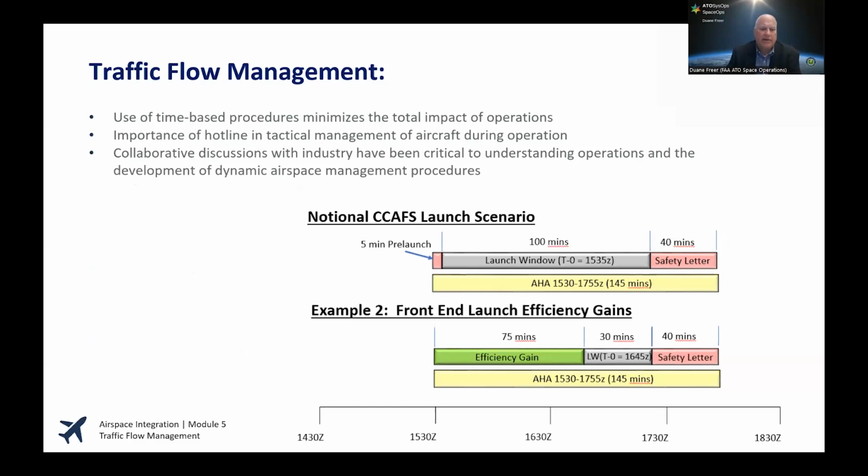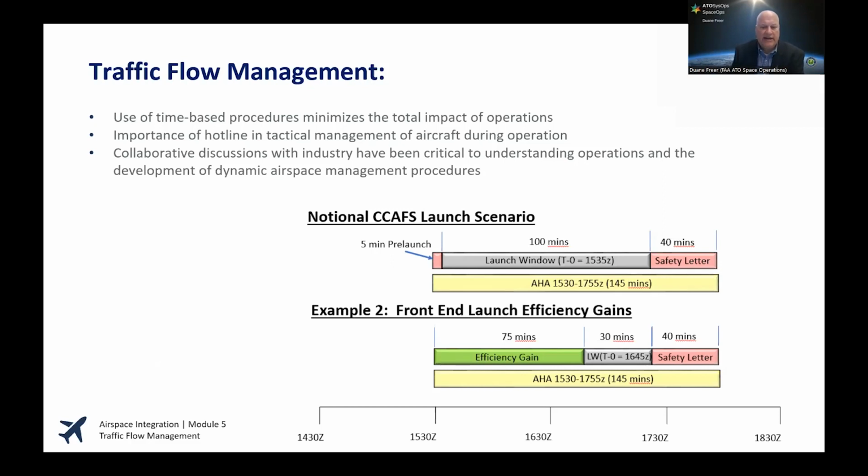This is an example, a little bit of a complicated slide, but our traffic flow management is using time-based procedures, and the importance of the hotline for tactical management and the collaborative decisions with industry. What you see in the upper schematic is a notional hazard area or launch window of 100 minutes.